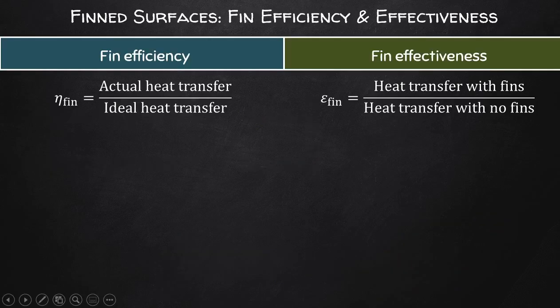Okay. You must also be asking yourself now, if there are so many options to choose from in terms of designing different fins, different geometries, how do you go about designing fins to operate correctly? So first off, two concepts that should be considered are fin efficiency and fin effectiveness. So how effective is the fin and how efficient is the fin?